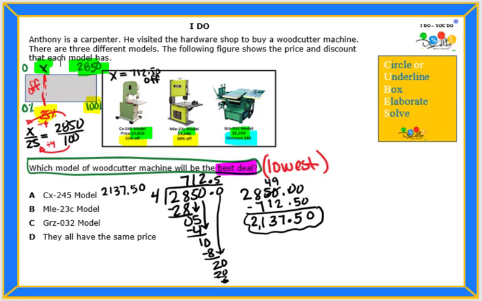Okay, let's make a percent bar for our second model. So for our second model, again, we're going to make our percents from 0 at the beginning of the bar all the way to the end of the bar, 100%. We also know that 100% of this model is $3,240. And this model has a 30% discount. So we want to know what the corresponding dollar amount would be for 30%.